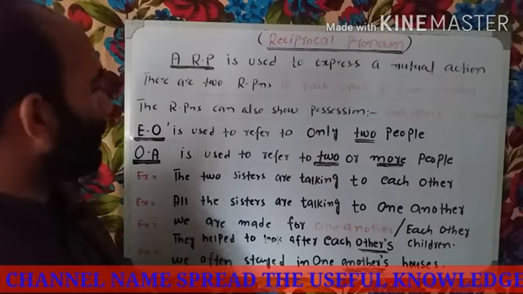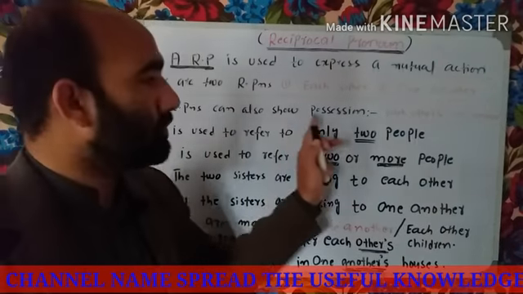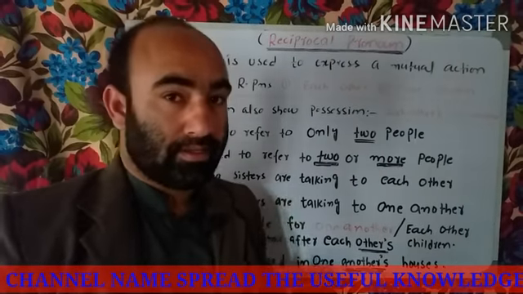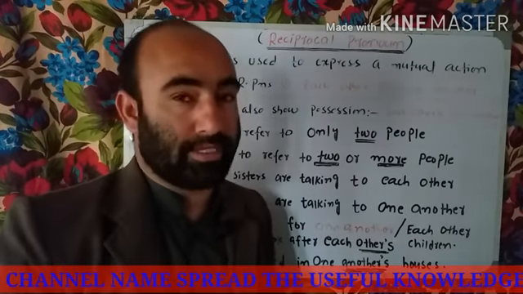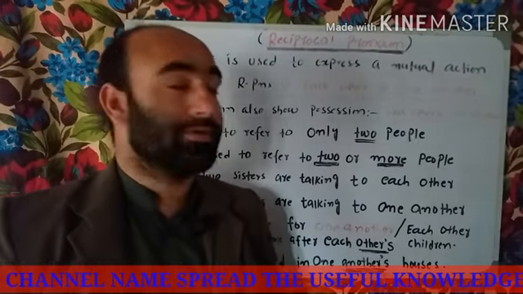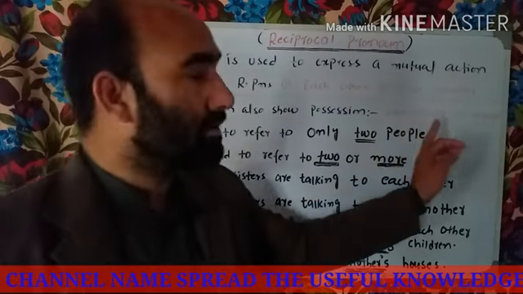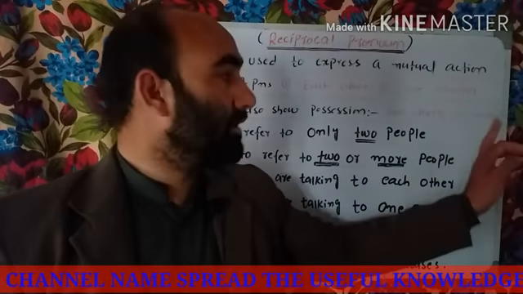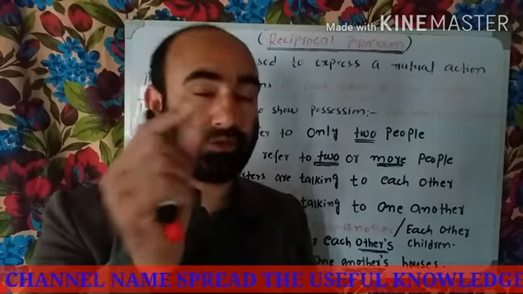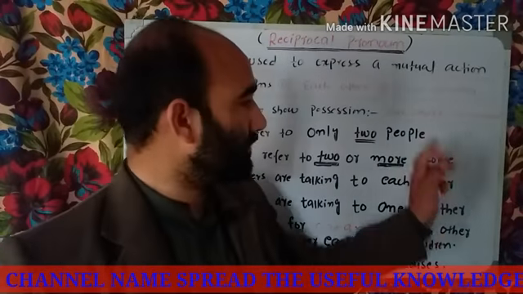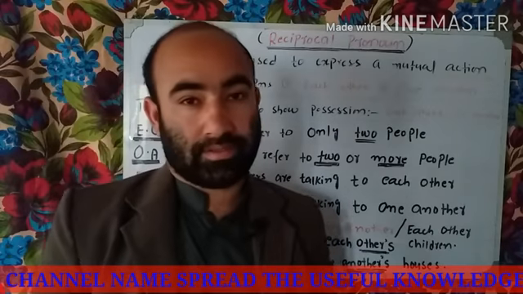Another point: the reciprocal pronoun can also show possession. It can show ownership, who owns something, the possession or the relationship. For example, each other's, one another's. Remember that we use the apostrophe with the singular pronoun.